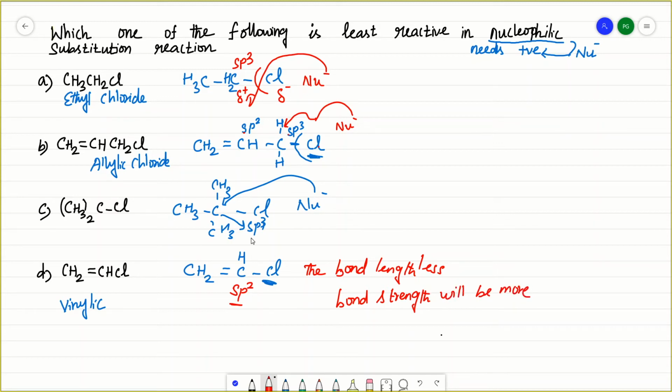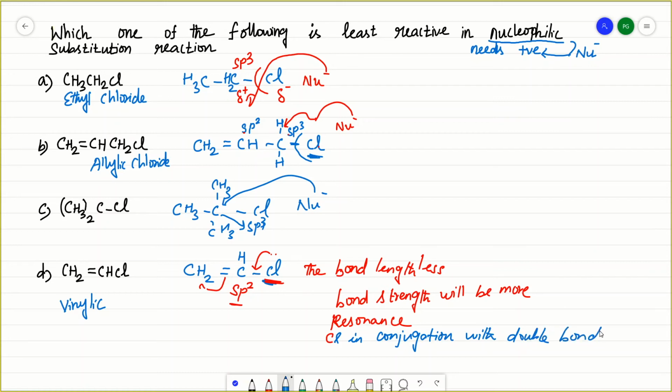It also undergoes resonance, because Cl is in conjugation with the double bond. Because of these things, it is difficult to break this bond. It is more stable and very difficult to break.